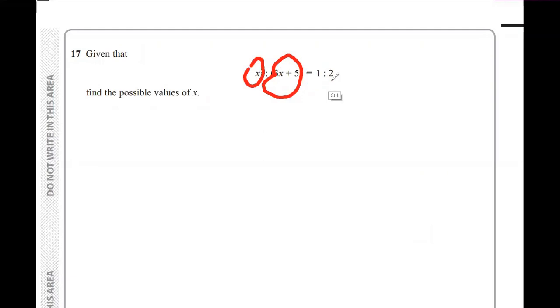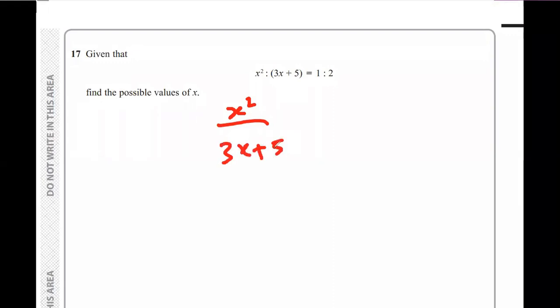Is that right? So this means x squared over 3x plus 5 must be equal to, do you think 2 over 1 or 1 over 2? It is equal to 1 over 2. That's right, because this represents this, and this corresponds to that.